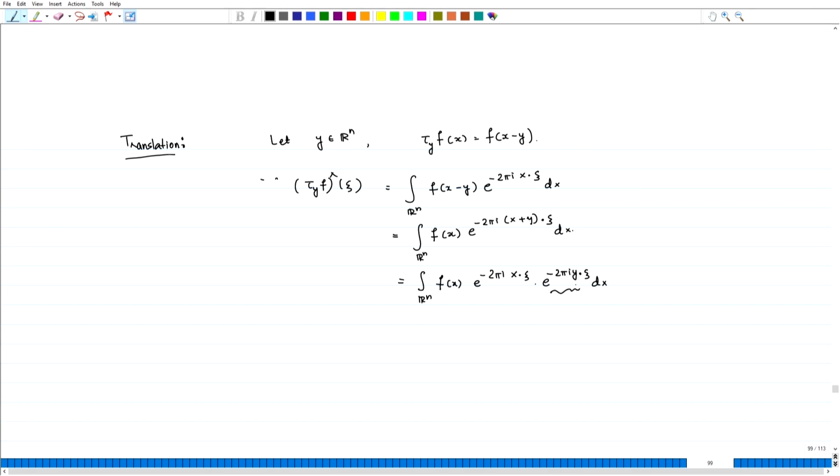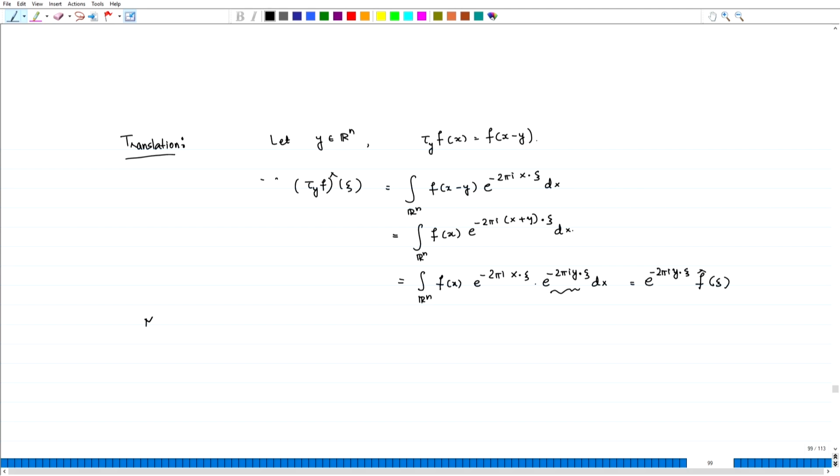Now, this is independent of x. So, as earlier, the Fourier transform gets modulated with the character e to the power minus 2 pi i y dot xi.